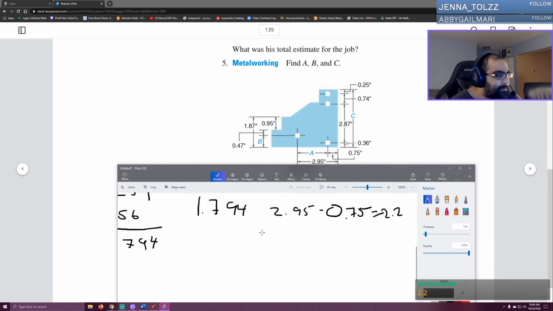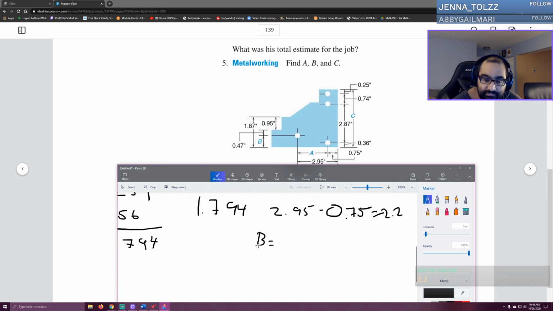How about B? What's B going to equal here? B is over here to the left.